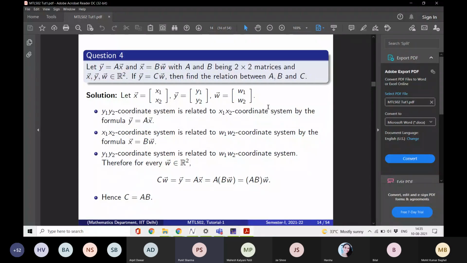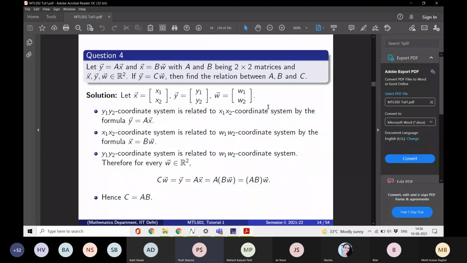Now how many ways are there to show that C is equal to AB? Although it looks obvious, when CW is equal to ABW, without realizing it you may conclude that C is equal to AB. But can you give a precise argument?